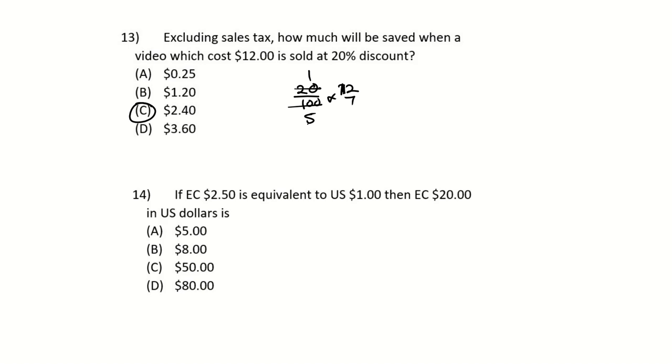If EC $2.50 is equivalent to 1 US, then 20 EC is how much US? Again, remember I told you guys, we had a similar question to this. I told you it is better to convert the US to EC. So take these answers, convert them to EC and see which one is 20.